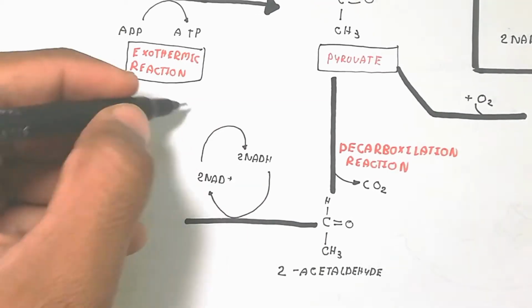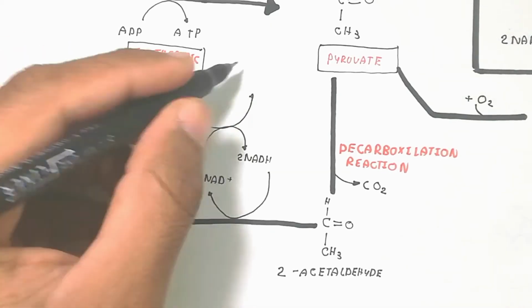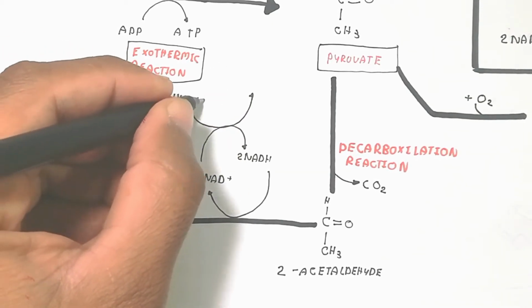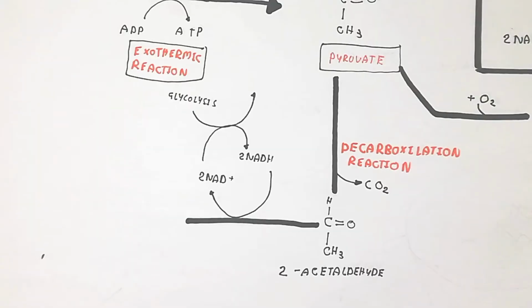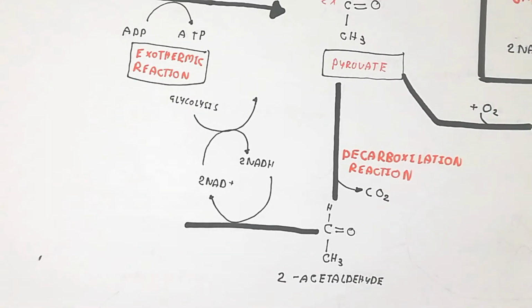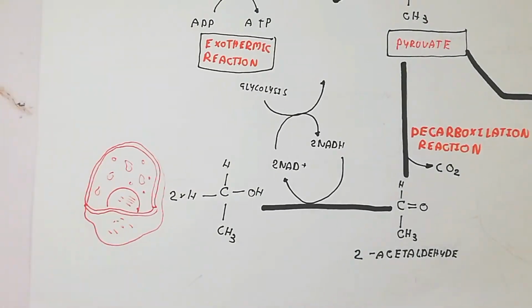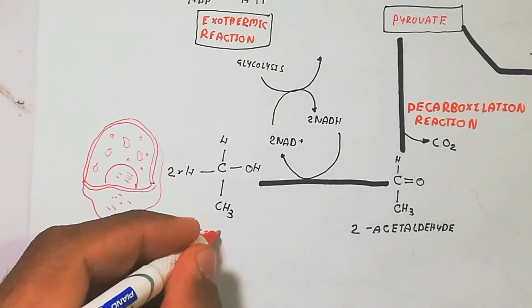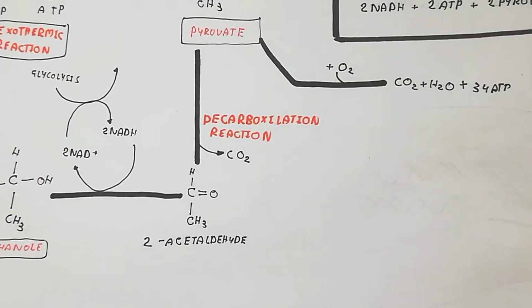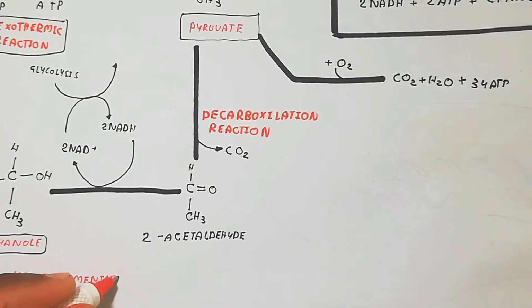Then 2 NADH are used to convert to NAD plus, which glycolysis needs, and ethanol is produced.